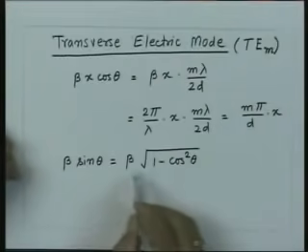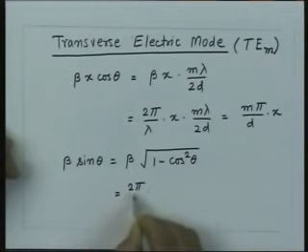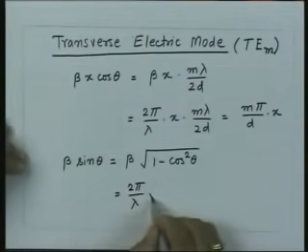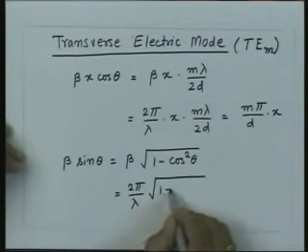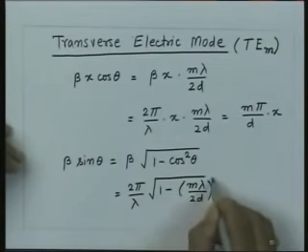So, I can write here this is 2 pi by lambda square root of 1 minus m lambda by 2d whole square.